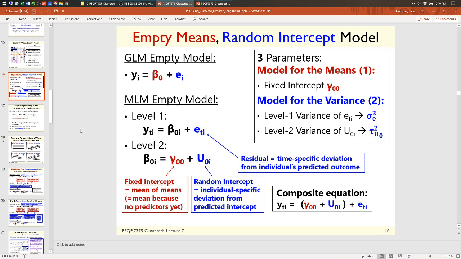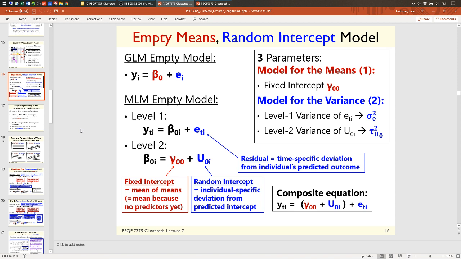Variance explained by level 2, more specifically the level 2 random intercept. So when I say intercept, I mean mean differences. So if it were cluster data, it's the proportion of variance that's due to group mean differences. In longitudinal data, it's the proportion of variance that's due to person mean differences. In other words, the proportion of variance that would be cross-sectional in origin. So that's one. That's probably the easiest one to think about.